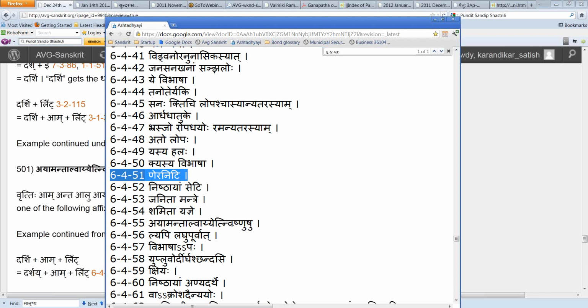Better this time? Correct. I try to practice that at home. For some reason, this sutram is very difficult to pronounce. I always make a mistake in this sutram. Okay, I think I got it right finally.